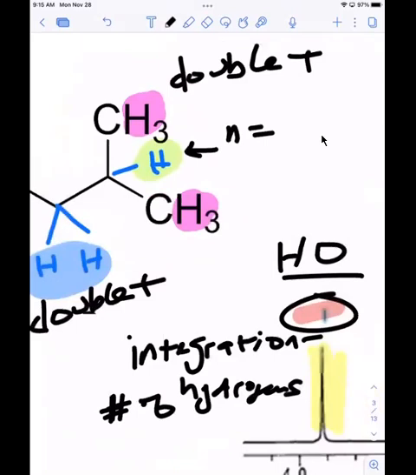It's the carbon that it's attached to, and then you look at the adjacent carbon. So how many total neighbors? That's going to be 8 neighbors. So n plus 1 is going to be 9. So that signal for that proton should be split into 9 lines, right?